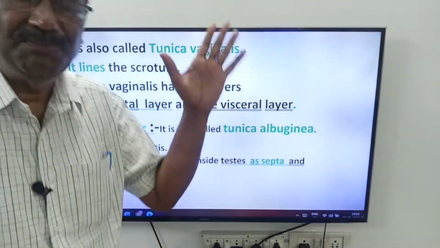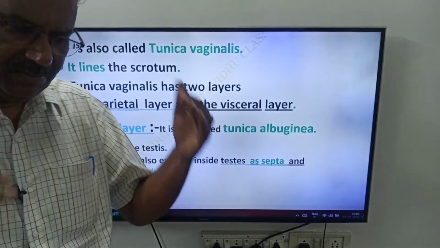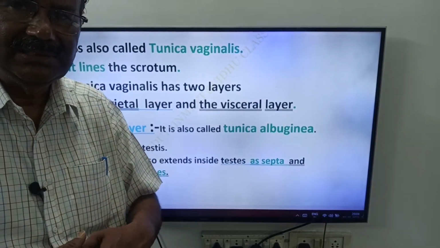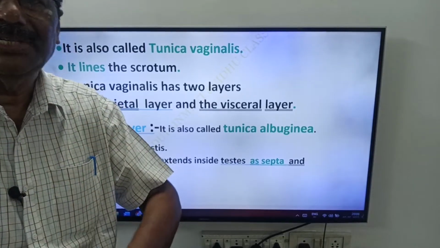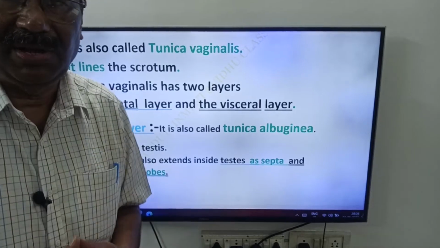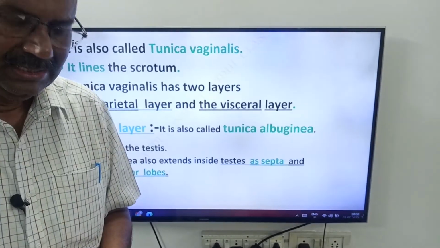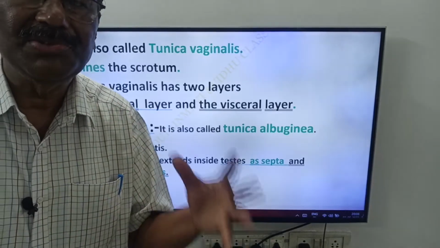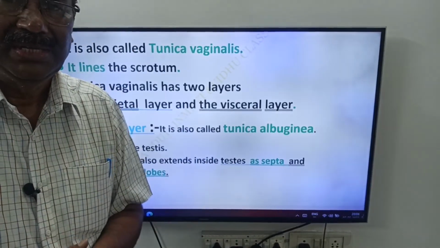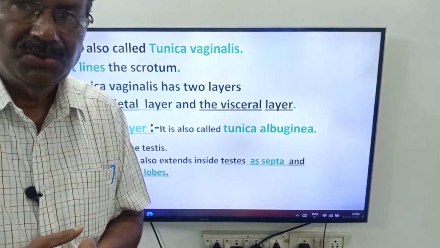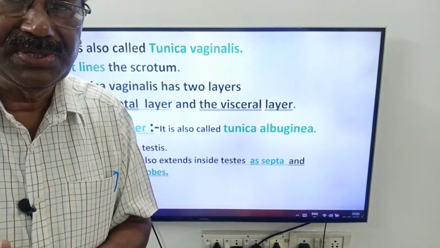Next, very, very important. This tunica albuginea extends inside. It penetrates into the testis and forms septa. These septa divide the testis into lobes, called testicular lobes.